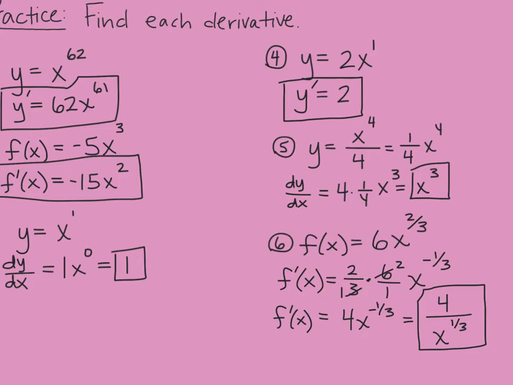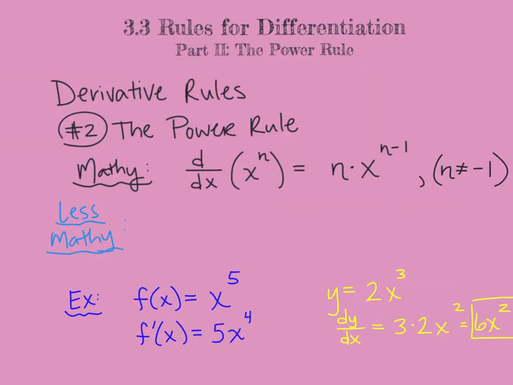Let's go back to write out the less mathy way for our power rule. To write this power rule in a less mathematical way, we can say move the exponent out front, and then the new exponent is 1 less.